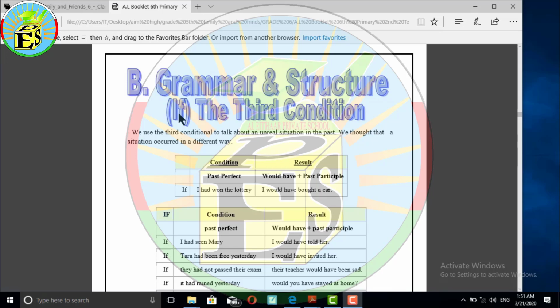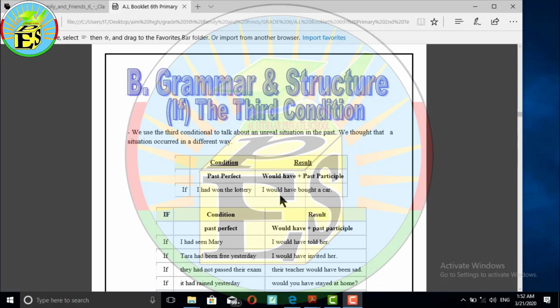Also use the third case, which we will learn today, to express the unreal situations which happened in the past. We use the third conditional to talk about the unreal situations in the past. We think that a situation occurred in a different way.